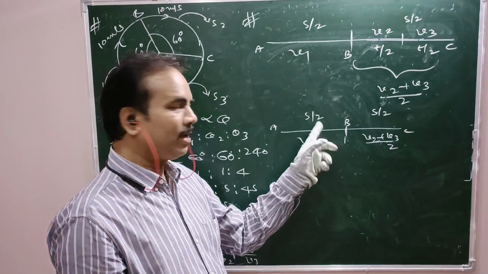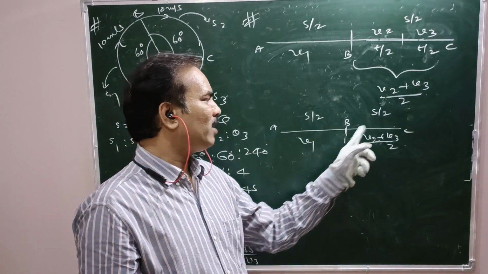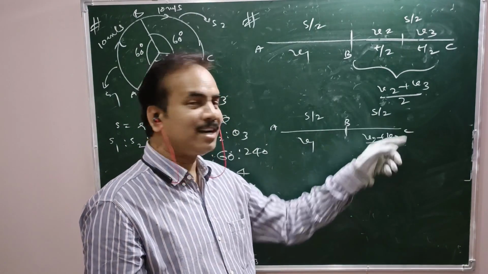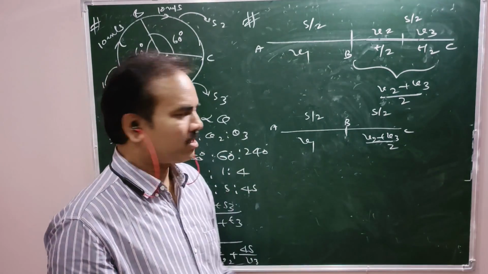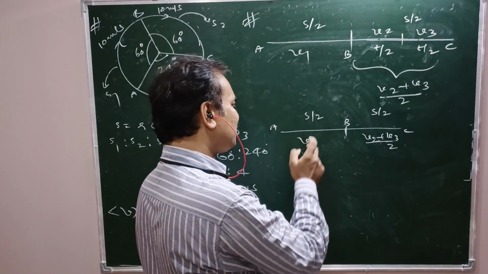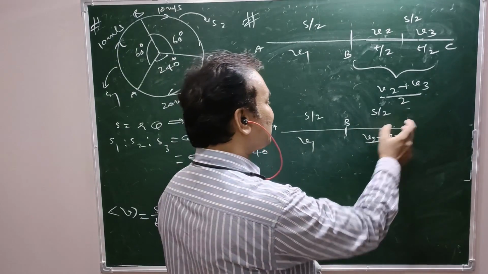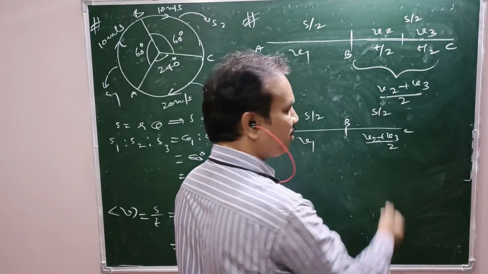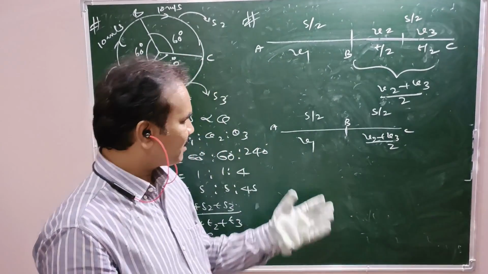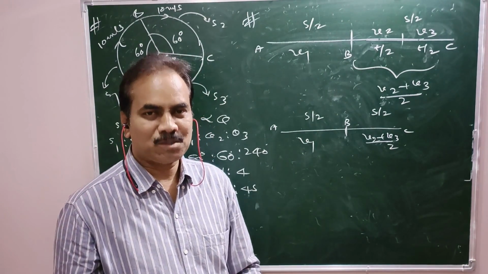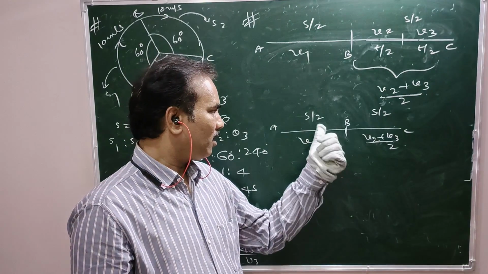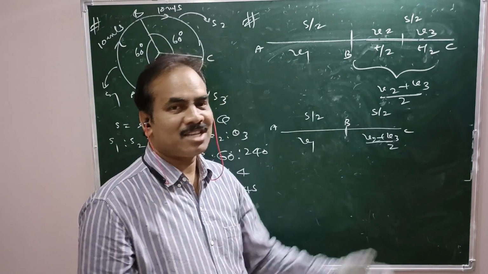Of course, from A to B, S by 2, from B to C also S by 2, meaning the total journey distance is covered with different speeds. Half of the distance with the speed v1, remaining half with an average speed v2 plus v3 by 2. Now the case is equivalent to that in which a body moves with different speeds in covering successive equal distances.